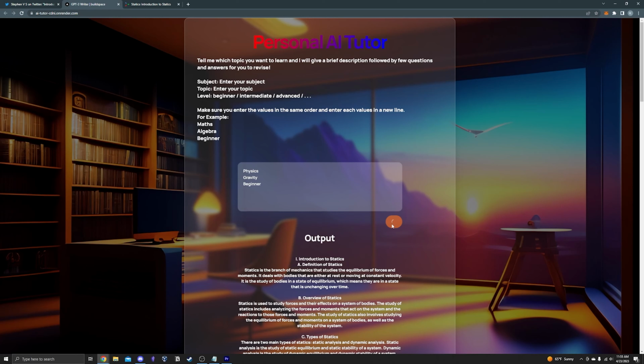When I didn't press anything. So I'm curious to see the output and kind of compare between that education AI versus this tutoring AI.